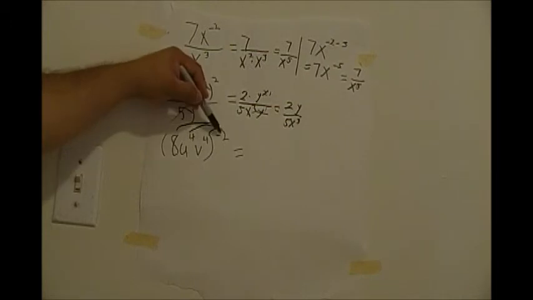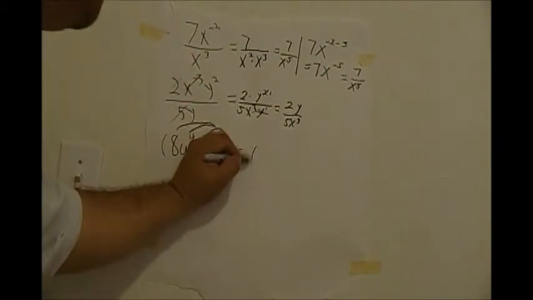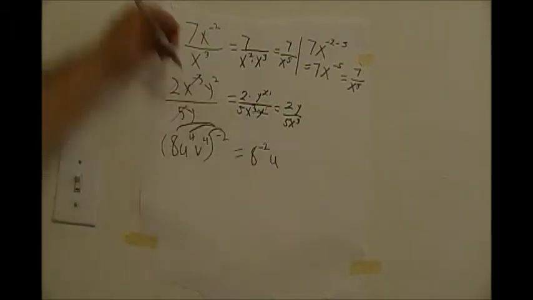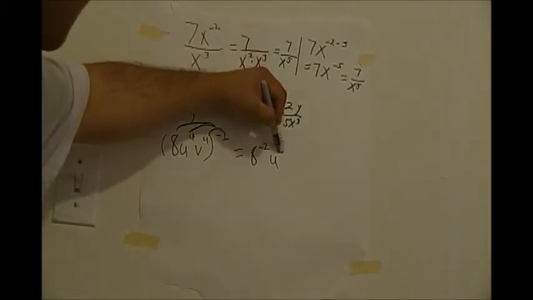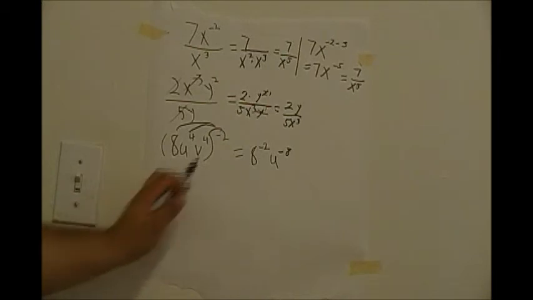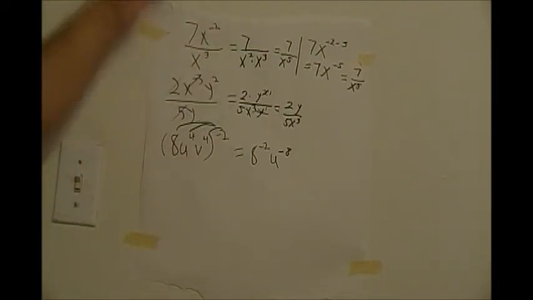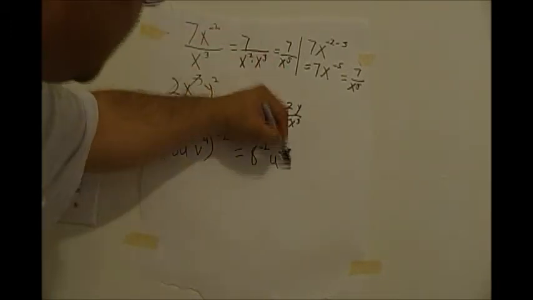The negative 2 power is going to go to 8 to the negative 2, and then we're going to get u to the, we're going to multiply the powers, so 4 times negative 2 is negative 8, u to the negative 8, and then we're going to have v to the 4th power times the negative 2 power, so we multiply those out too. That's 4 times negative 2, so that's going to be v to the negative 8.